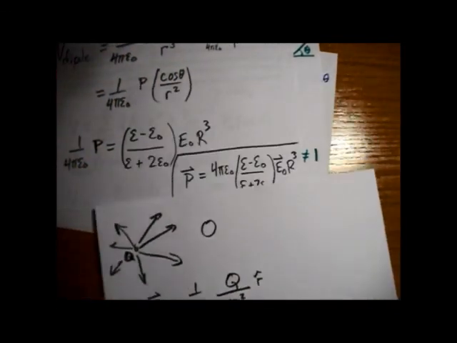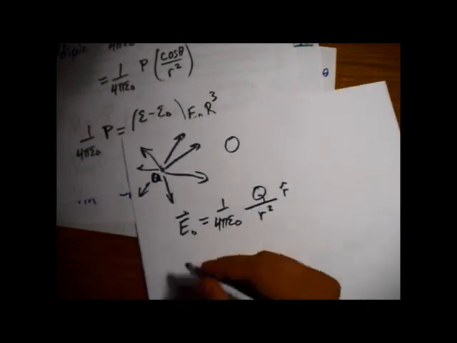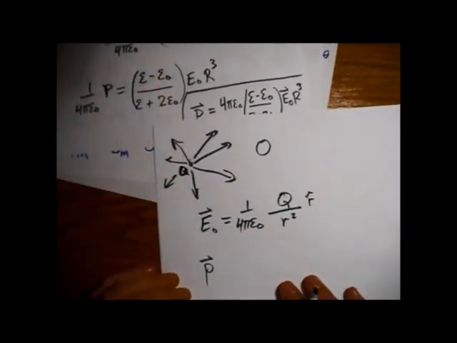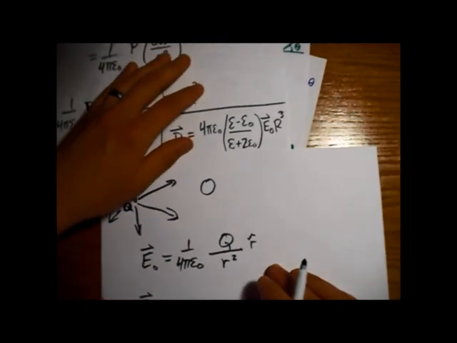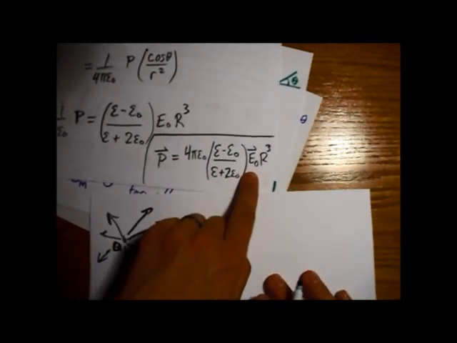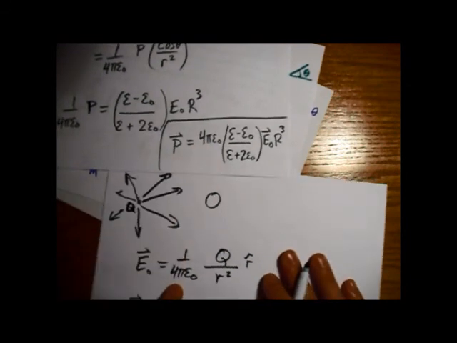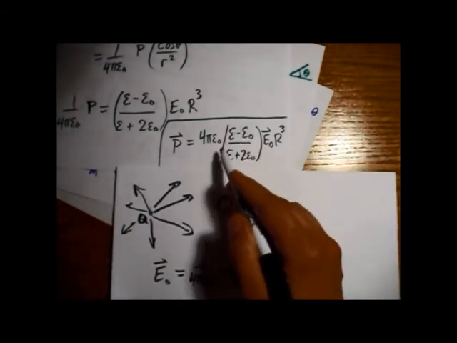All right, so when we plug that into here, we get our induced dipole moment. Basically we're taking this and putting it right into here. Now this 4 pi epsilon naught on the bottom is going to divide out, so we don't even have to worry about that. So I'm going to start right here.